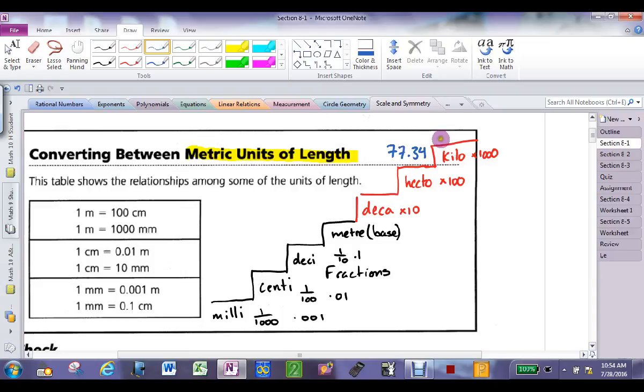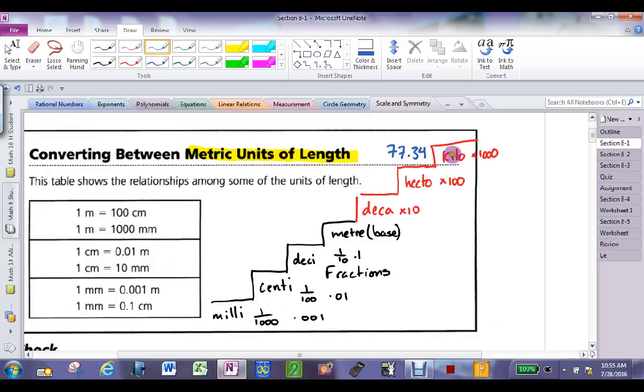Multiplying by? What's every step? Times 10, times 10, times 10, yes? Everybody with me? So now think about this. You have to think because it's not natural.